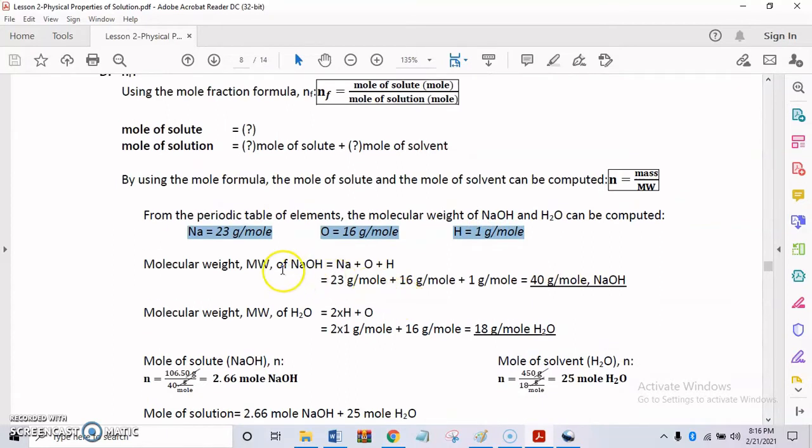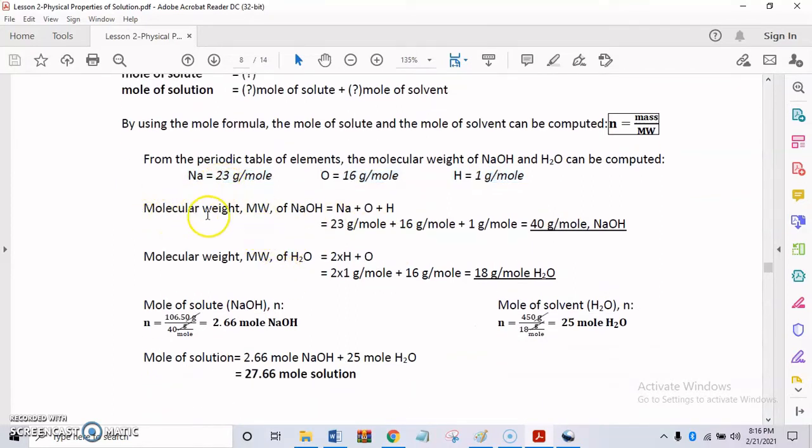Okay? So, molecular weight ng sodium hydroxide natin is, ang sodium hydroxide natin is composed of sodium, oxygen, and hydrogen. So, you add them, 23, 16, and 1 equals to 40 grams per mole sodium hydroxide.